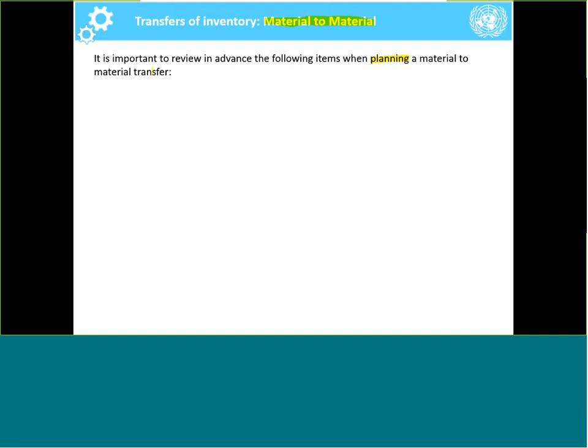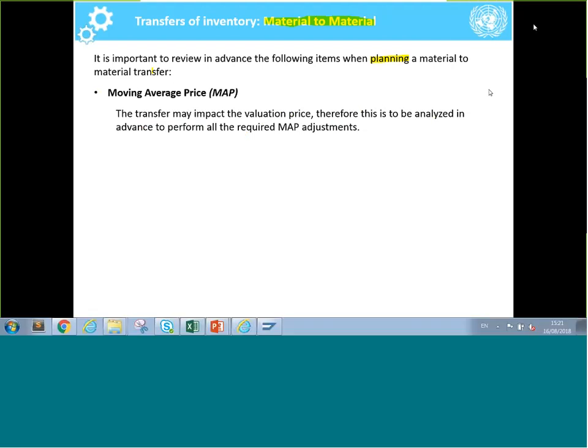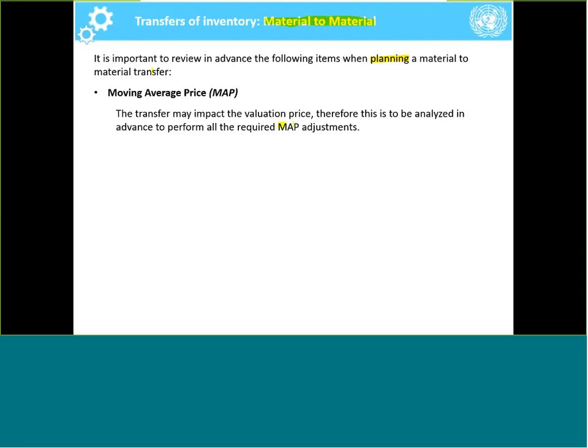So the things you need to consider are the moving average price. The transfer might impact the valuation price, so you need to consider if any adjustments are required in the MAP of either the source or the destination material.